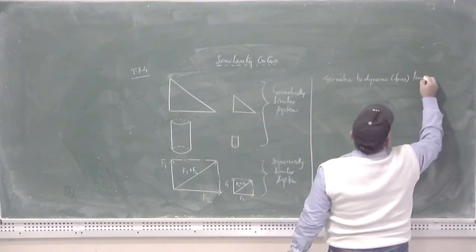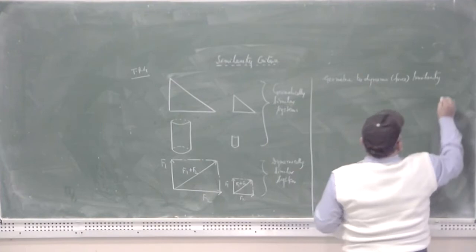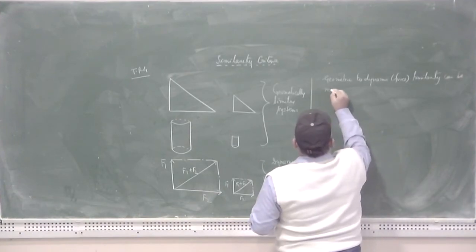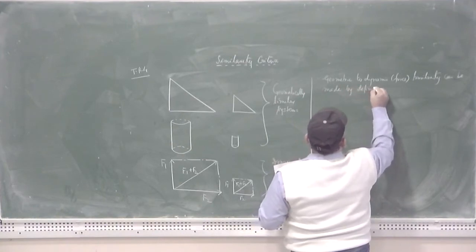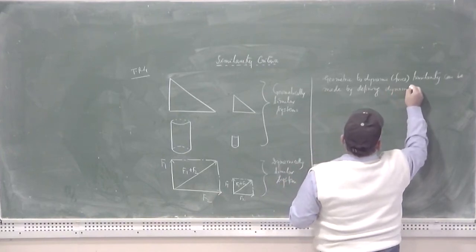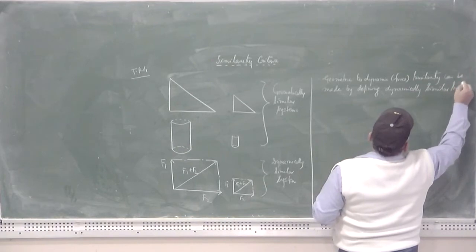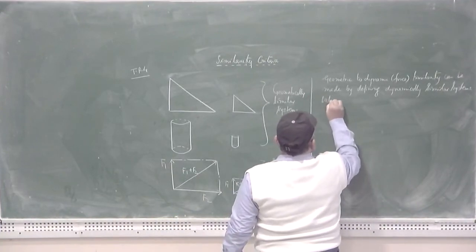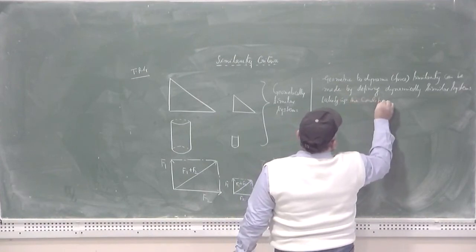Dynamic similarity can be made by defining dynamically similar systems satisfying the following conditions.